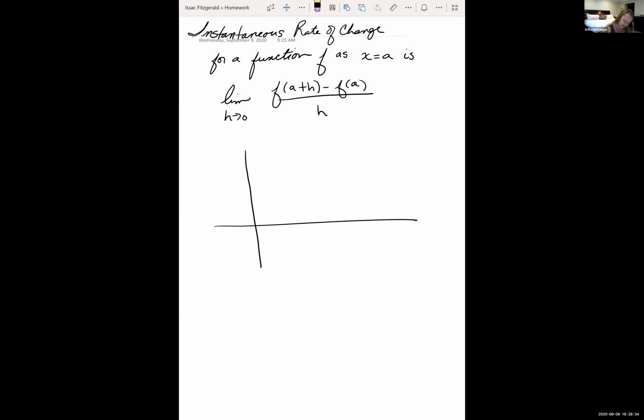So again, you could have some function, doesn't matter what it looks like. Let's say that this is here a, this is f of x. Again, this would be our f of a value. And if we went out h, that distance of h from here, this would be a plus h.